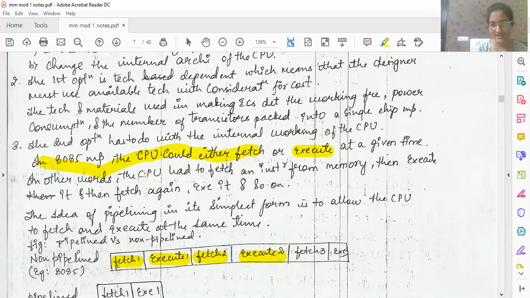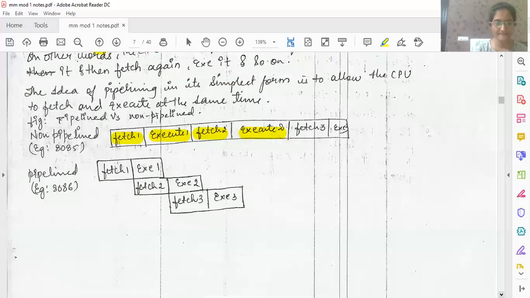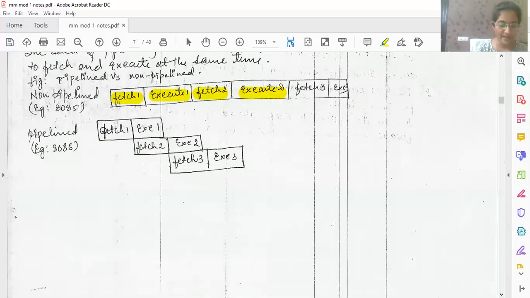Whereas in 8086, we can fetch the instruction 1, then a different part of the processor will execute that particular instruction. When a different part of the processor is executing the instruction 1, a certain part of the processor is involved in fetching the instruction 2.